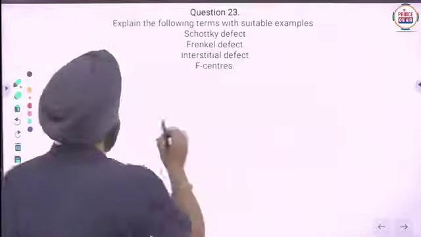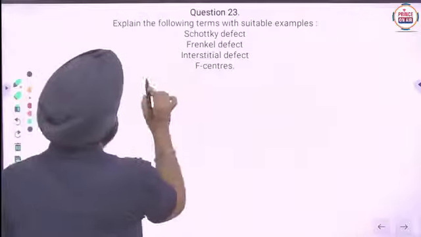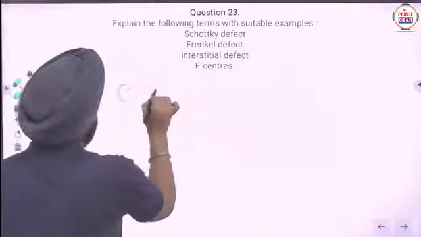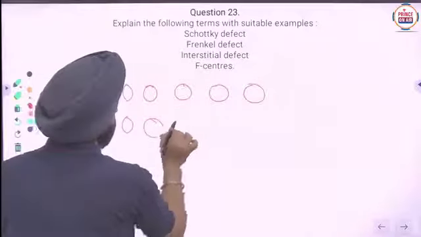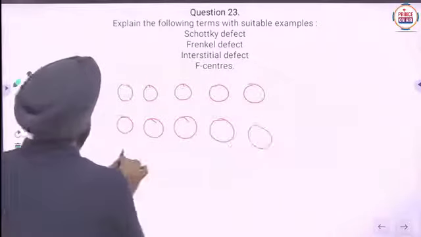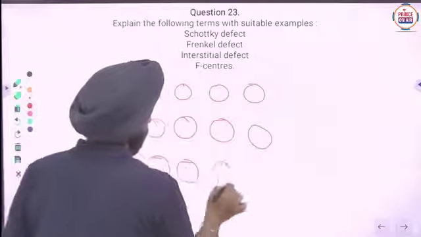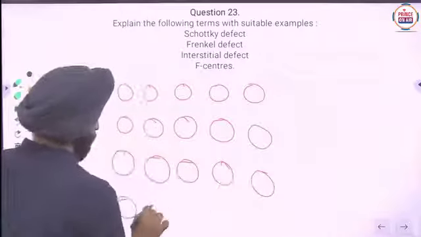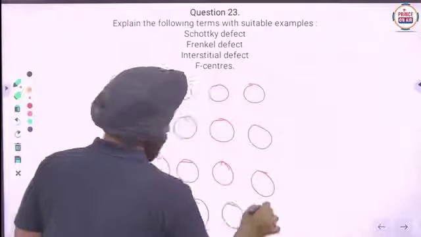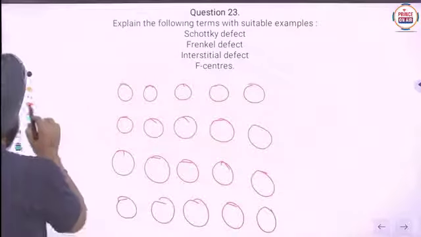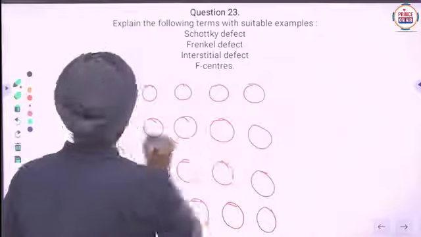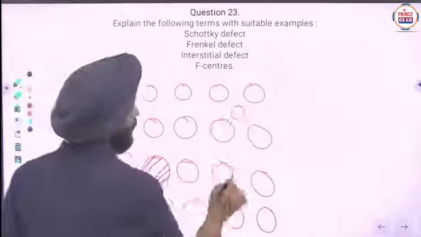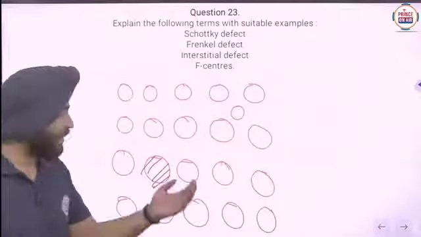That is for non-ionic solids, with particles of almost similar size. One particle will jump from here, creating a hole, and go to another position.